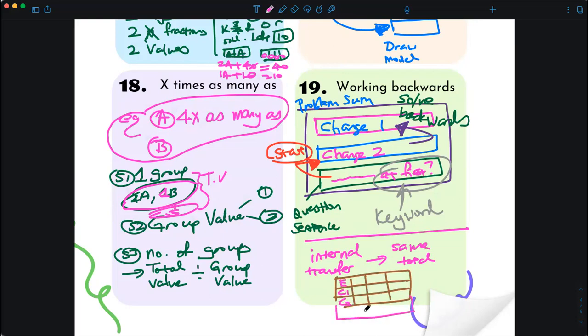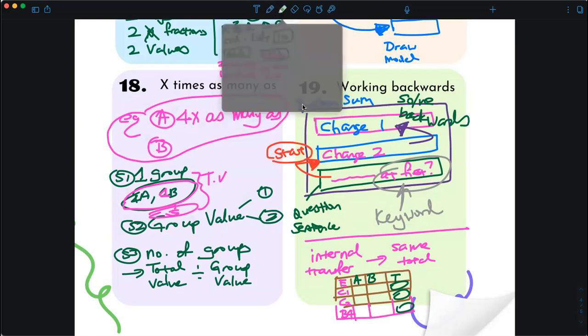Okay, so looking at it, you need to have a before. Sometimes you just need 3 rows. Then this one will be the total. So you have to make the total the same. And then maybe this one will have quantity for A, quantity for B. And then no matter what you do, sometimes you need to work backwards by reversing the change.